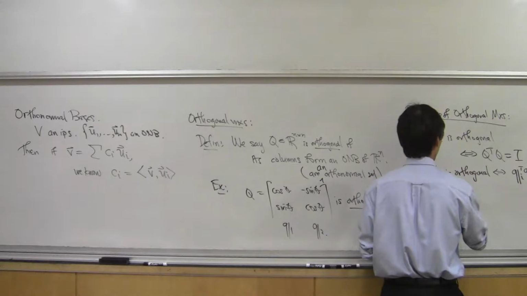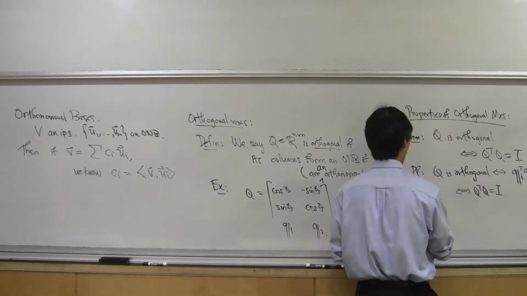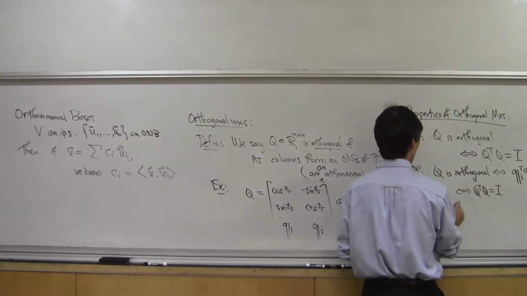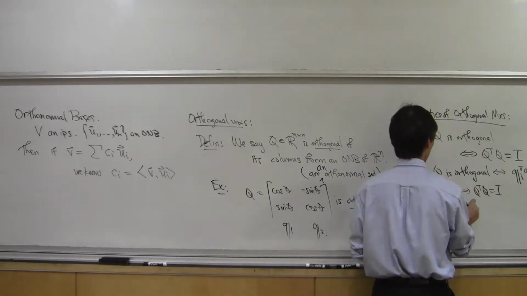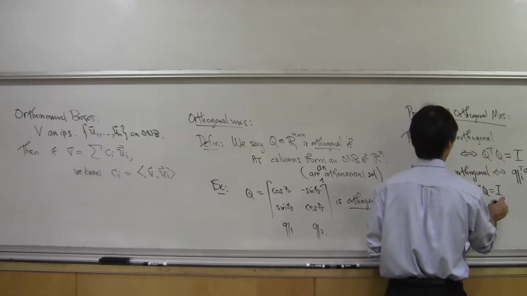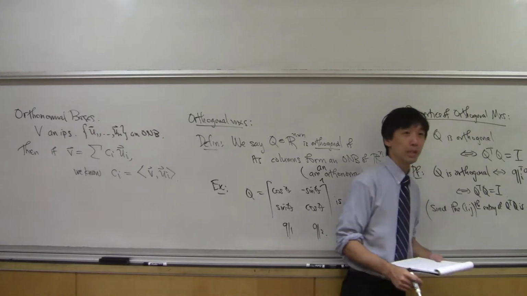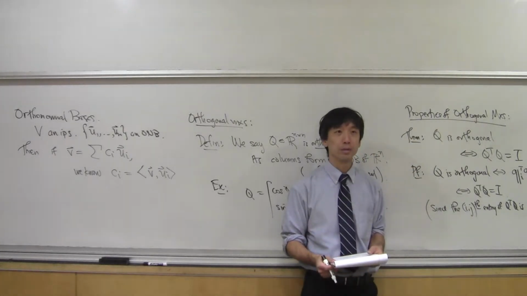But this is the same thing as saying that QTQ is the identity matrix, because what's the ijth entry of QTQ?